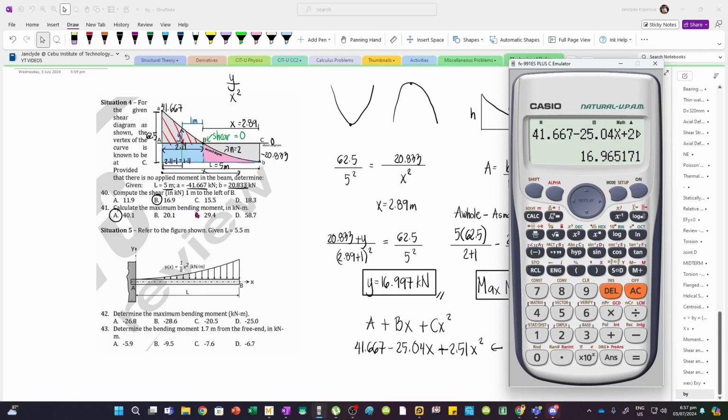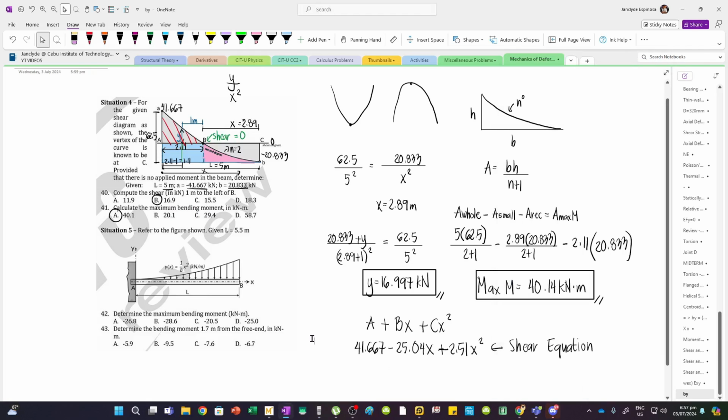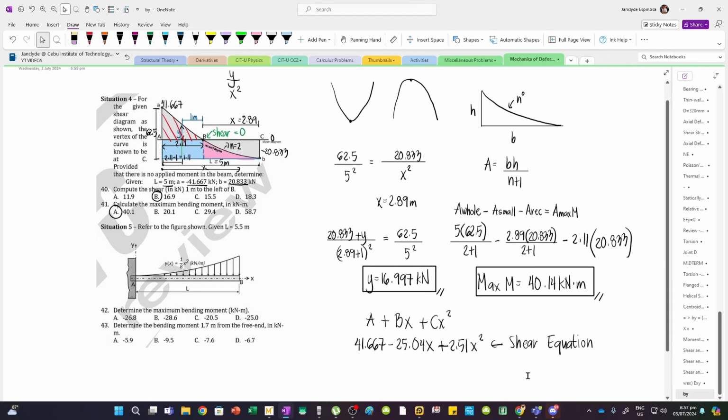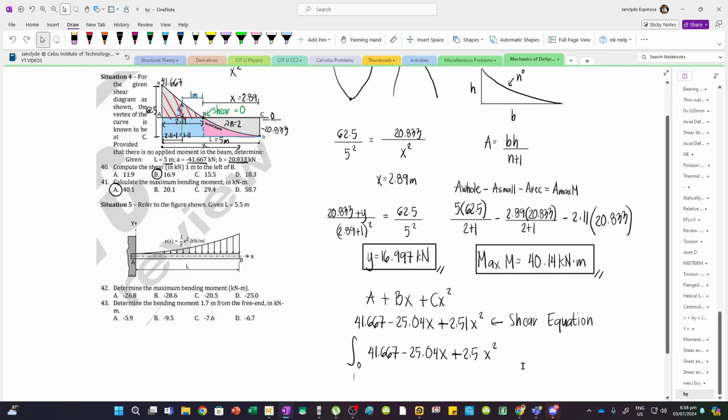Now for the maximum bending moment, what you have to do is integrate the shear equation. So we can integrate this function, and our limit will be from the origin, which is 0, up to this point, because this is the point where the shear is 0, and so that's also the point where the moment is maximum. So this is from 0 to 2.11.